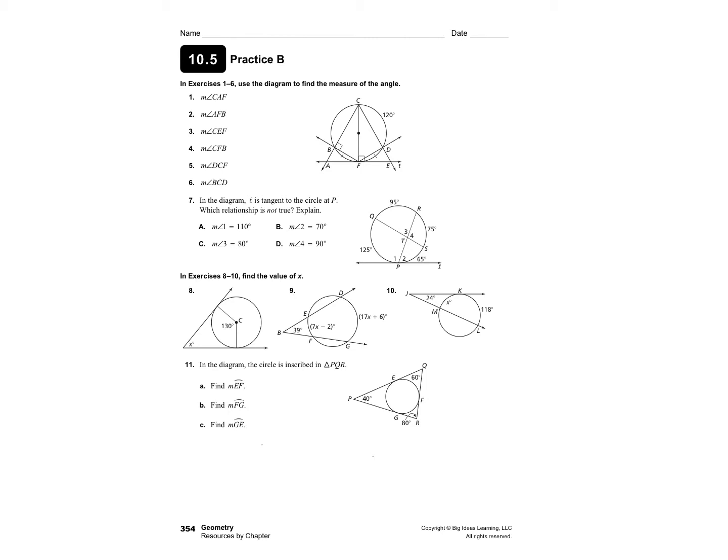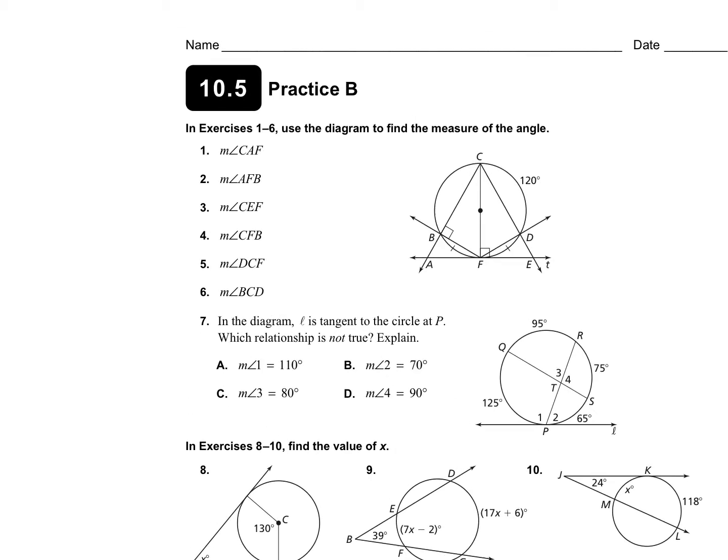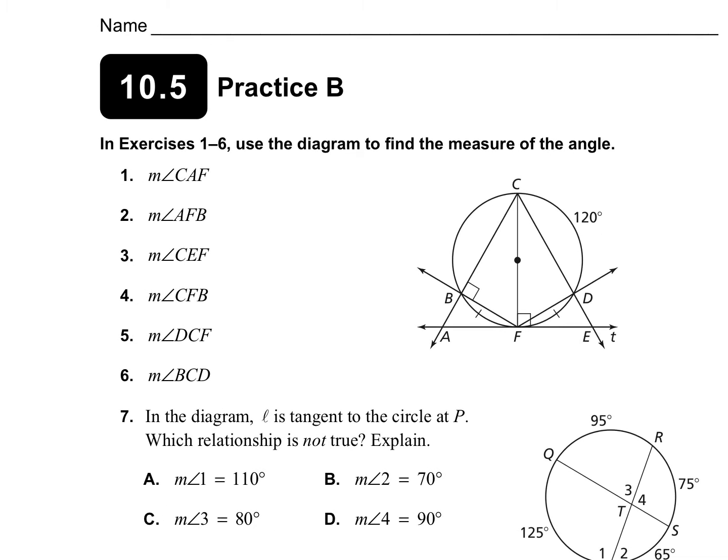Now, let's just go through, and again, I'm not going to give you something like 1 through 6, where I give you one picture and I ask you 6 questions about that one picture. I don't like to do that because what I find is, as soon as you get one of them wrong, that can snowball, and then it makes the rest of the questions wrong as well.